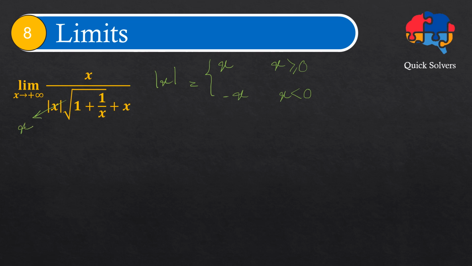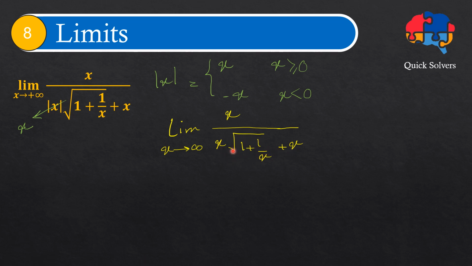And if I do that, then I can rewrite the limit as limit of x over x times square root of 1 plus 1 over x plus x when x approaches infinity. Okay, and here we have two terms in denominator.